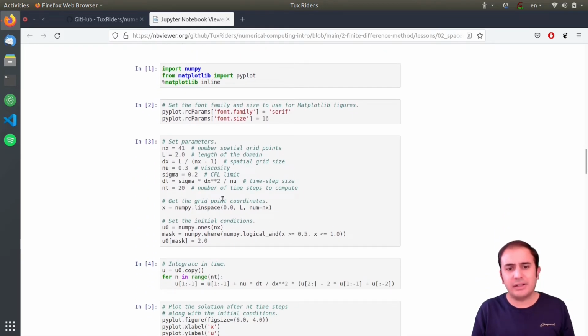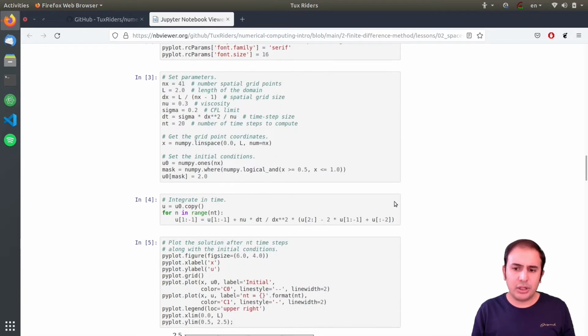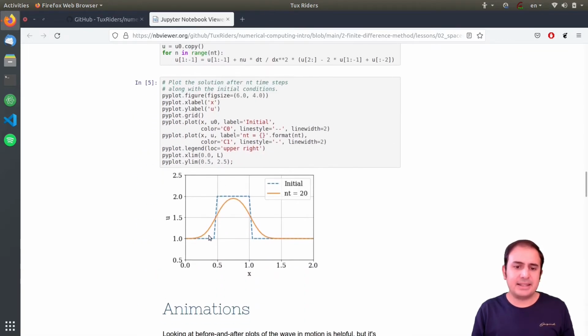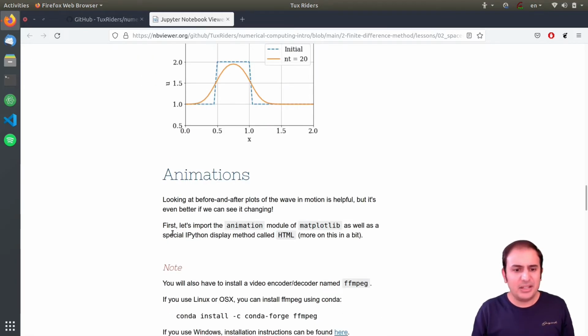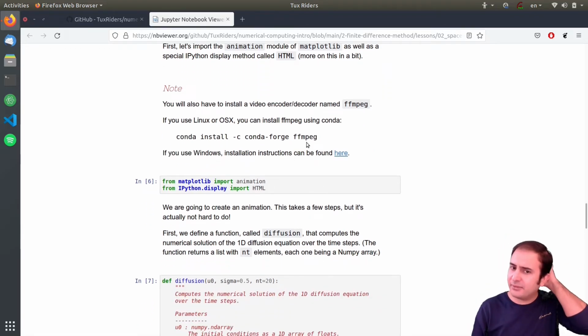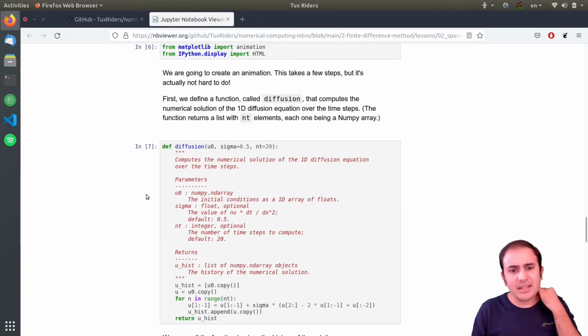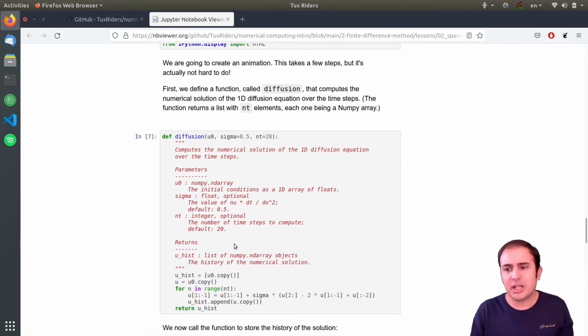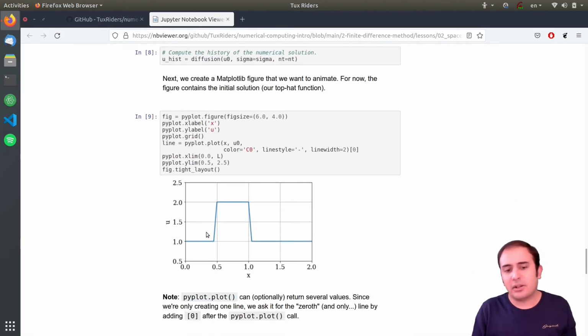This is not very different from the convection equation solution, so we use NumPy again for that. And this is very nice. This shows how diffusion takes place, because it goes from the higher values to the lower values, and using some techniques with the package FFmpeg and some features of Jupyter notebooks, we can create the animation and plot it here.